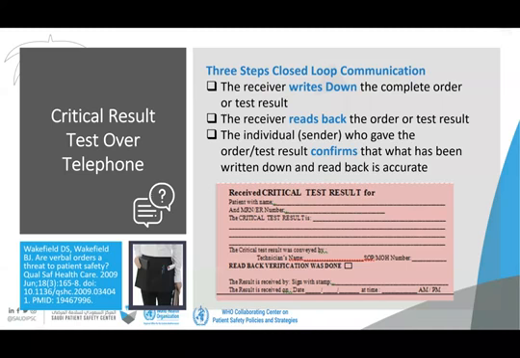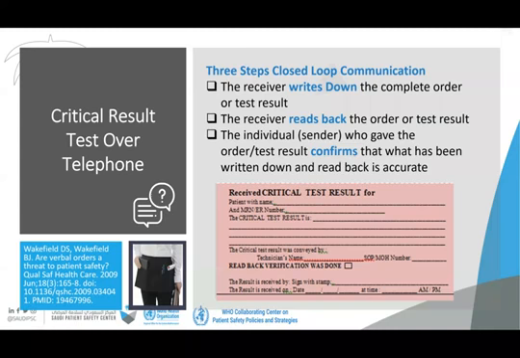So the critical result follows the same protocol. Whenever you receive a call from a laboratory technician, for example, you need to write down the information they give. This is one example. This pink form is used by one organization for writing down any critical result, available at the desk or in a very near place to the telephone.